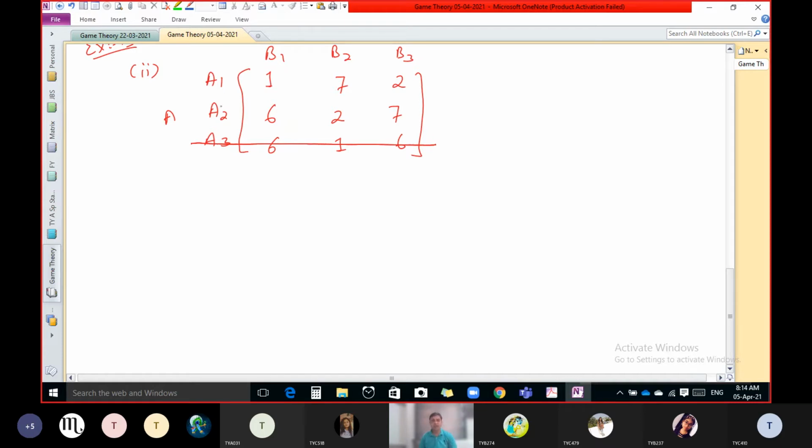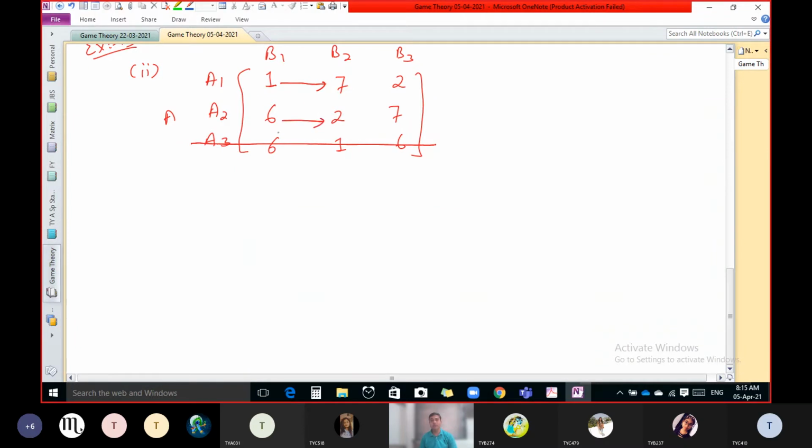Now compare B1 with B2. If you are player B, which one is best for you, B1 or B2? Here B1 is better, because this is a loss for player B: a 1 rupee loss here, a 7 rupee loss there, because a positive value indicates a loss for B. So B1 is better for player B out of these two.